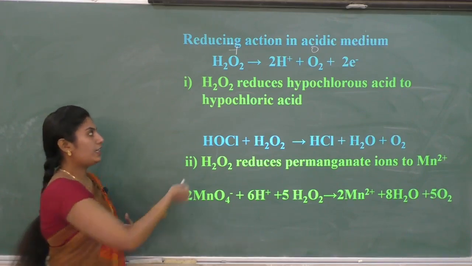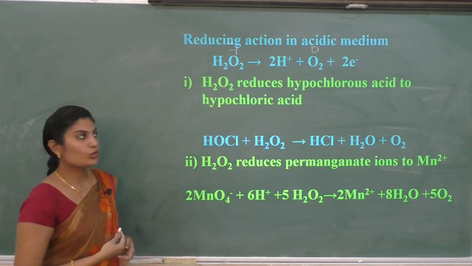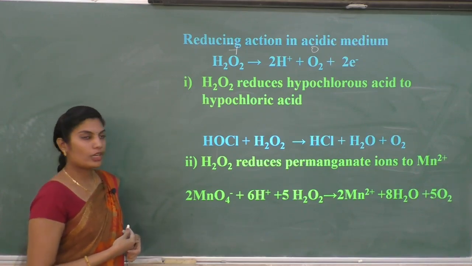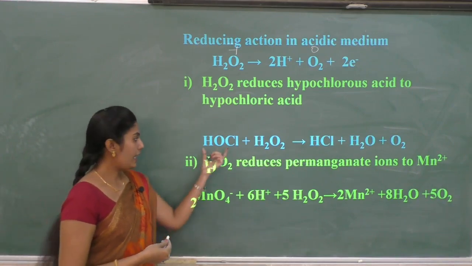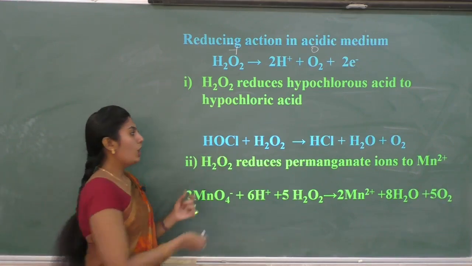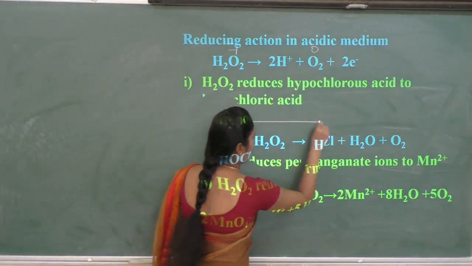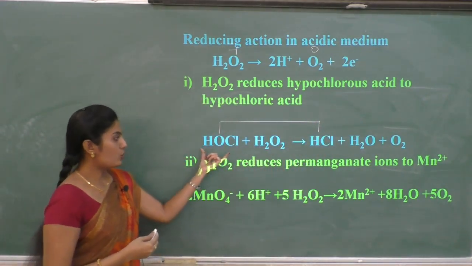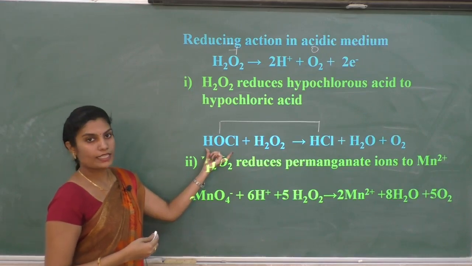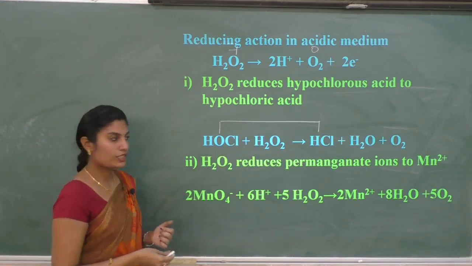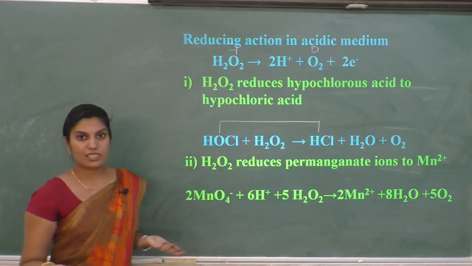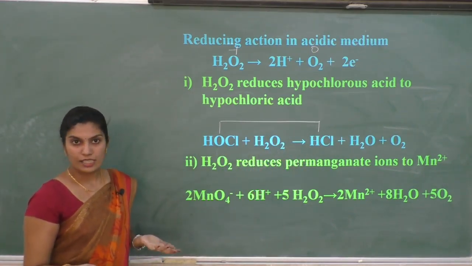In the acidic medium, in the reaction, H2O2 reduces hypochlorous acid to hydrochloric acid. What is the formula for hypochlorous acid? HOCl. It is reduced to HCl. H2O2 reduces hypochlorous acid. What happens in this reaction? Removal of oxygen, loss of oxygen is nothing but reduction, isn't it?